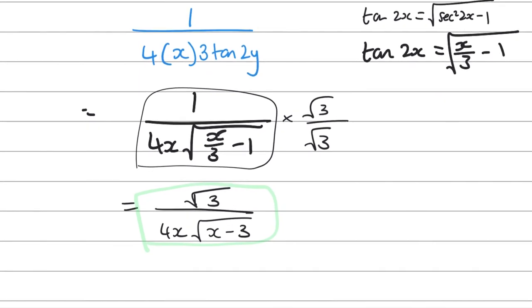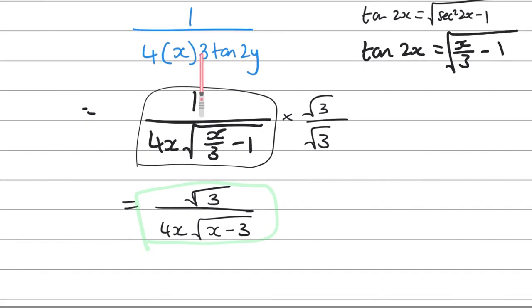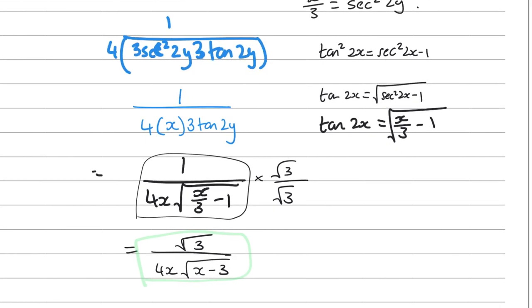However, do you know what I just realised as well? 3 tan 2y. I think there should be a 3 here as well, shouldn't there? Oh, yeah. Sorry, guys. If I just take 4, yeah, that's right. That needs to go. My error. Okay. Yeah, because 4 times 3 times 3 is not 12, is it?